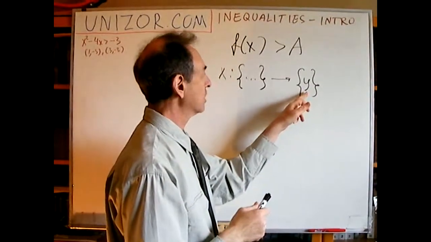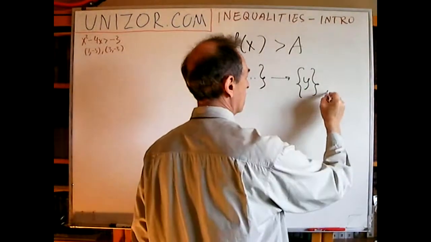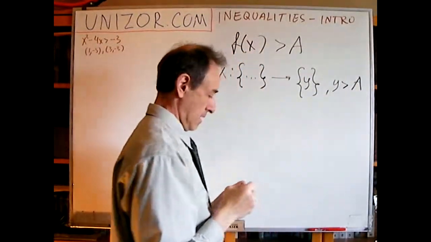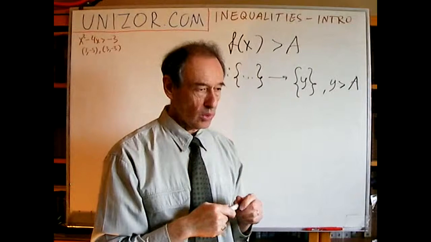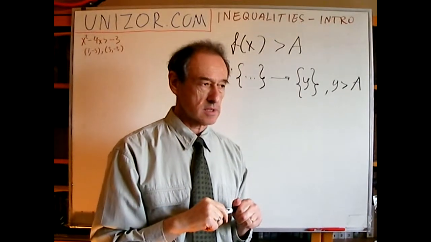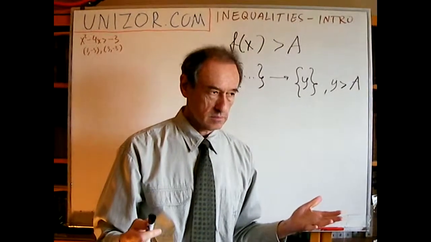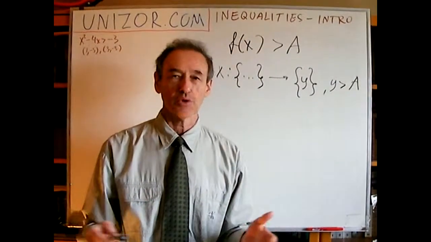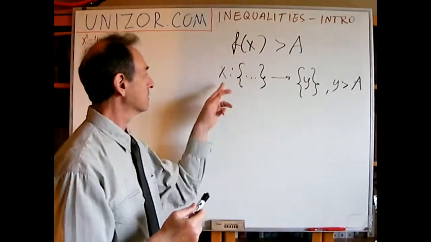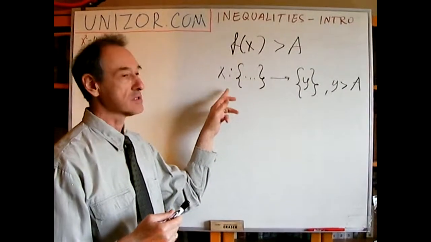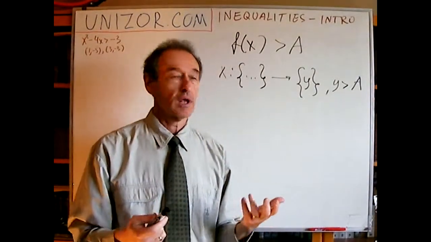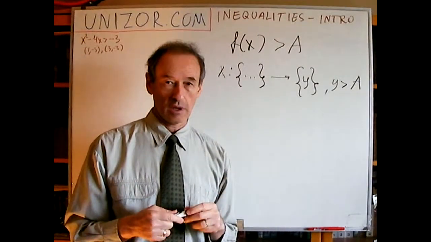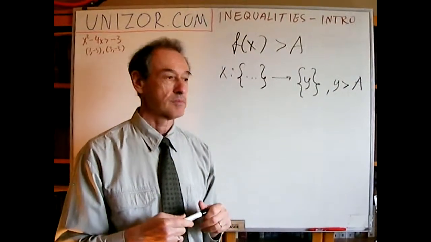It's a set of such elements which are greater than a. And all I would like to say is, well, basically the open question is how to solve inequalities, how to find these values of the argument which would result in this particular condition on the value of the function.